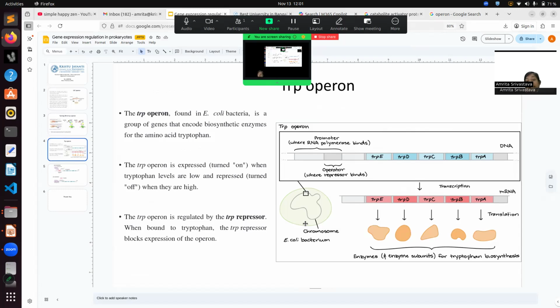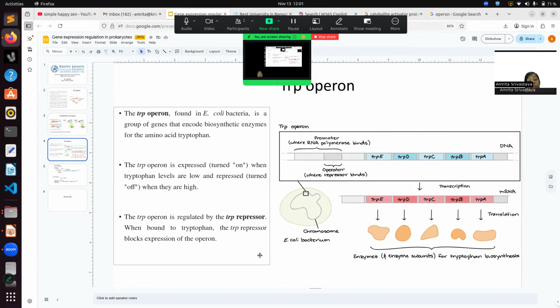So the repressor is functioning differently in both cases. In the lactose case, the binding of allolactose to the repressor prevents the repressor from binding to the operator. Whereas in this case, when tryptophan binds to the repressor, it binds to the operator, and then it prevents the movement of RNA polymerase.